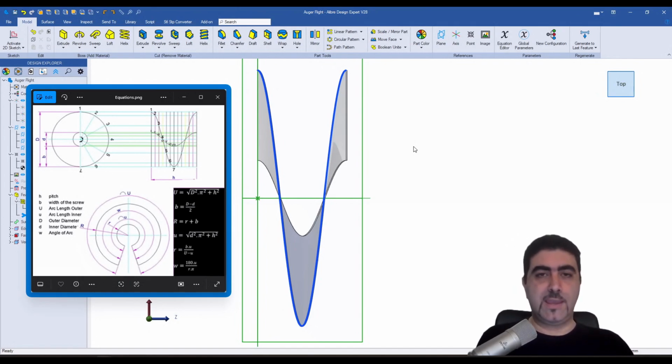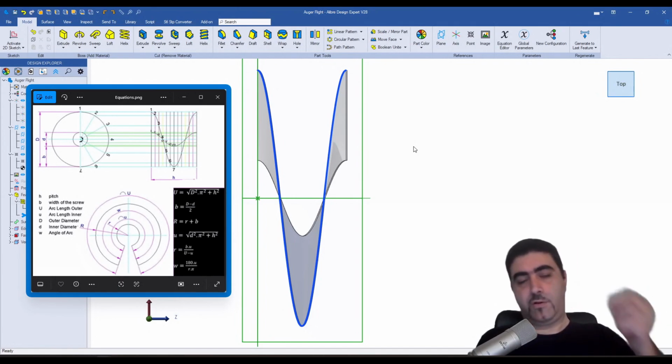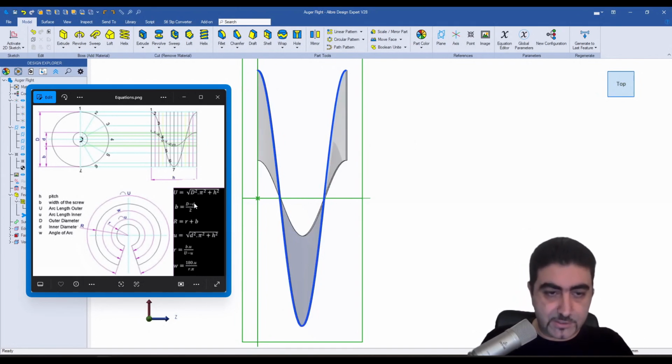Now, we can easily calculate the length of the trace of that flight because it's the hypotenuse of that right angled triangle. The square of the perimeter plus the square of the pitch gives us the square of the length of the hypotenuse. And that's how you get this first equation: D times pi, that's the perimeter, plus h, that's the pitch, if you look at this chart here.